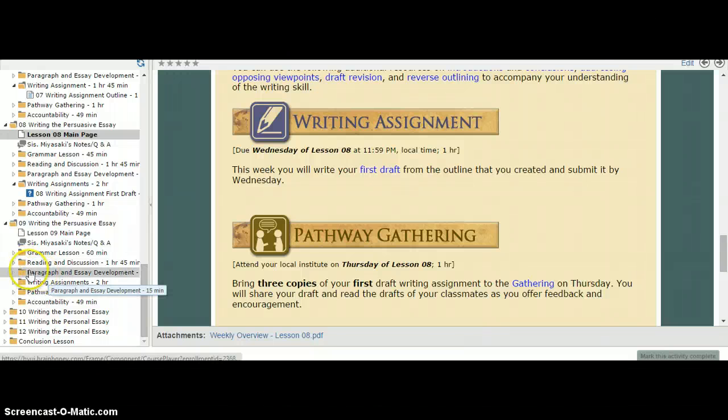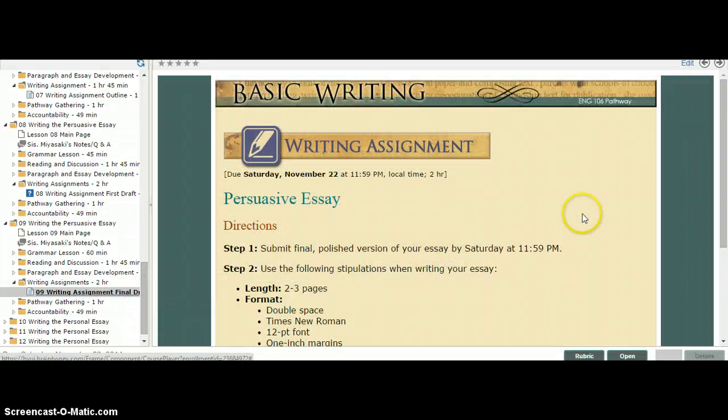You're not going to have to turn it in until next Saturday. So you'll see under writing assignments, the final draft is due by Saturday. So first week, Saturday, second week, Wednesday, the next week, Saturday. So you actually have a week and a half.